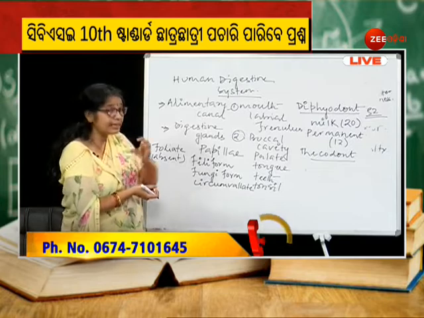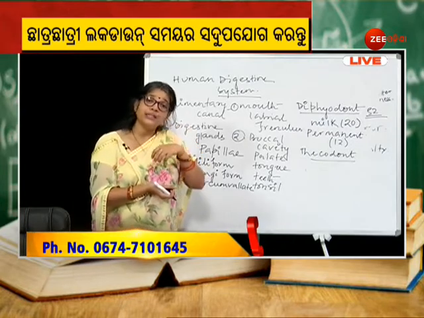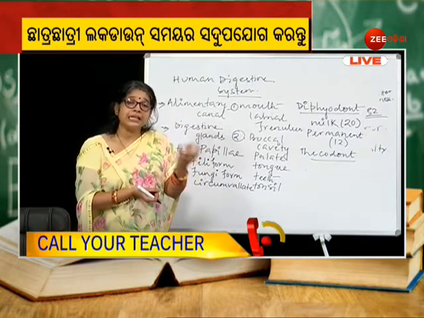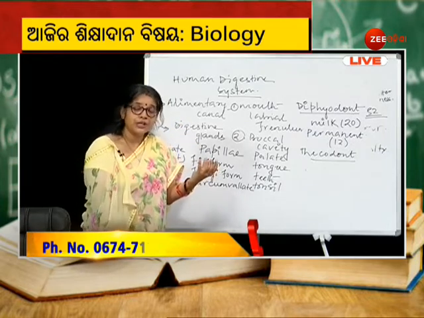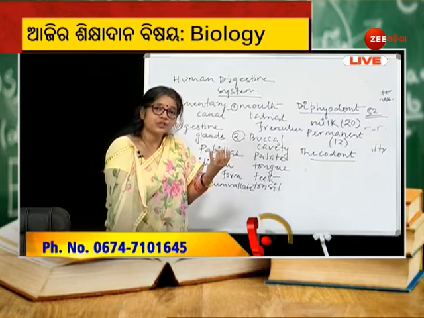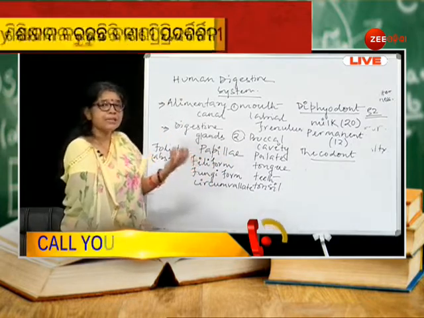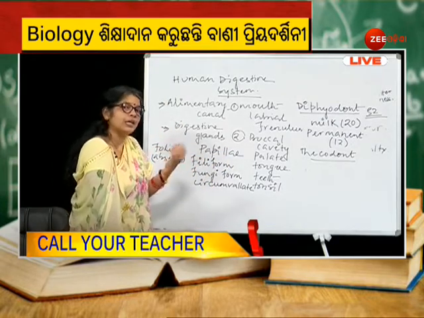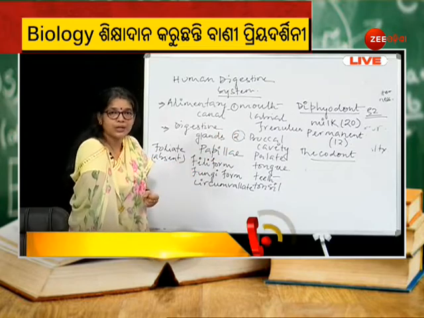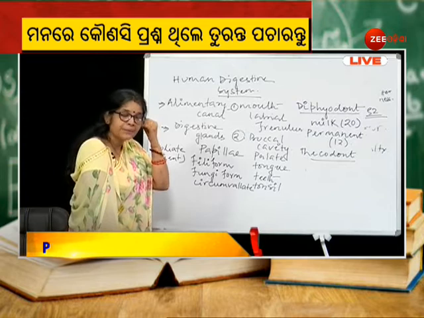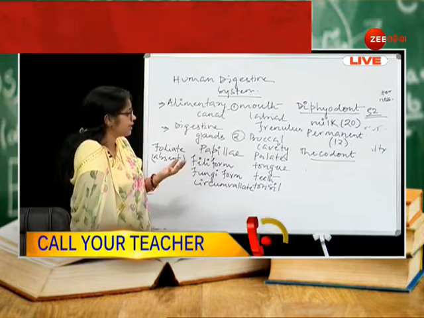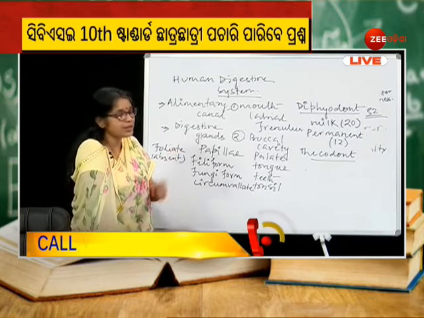It means that the teeth are attached with the jawbone by forming a socket-like structure. That type of attachment is known as the thecodont type of teeth. So in human, according to the attachment, the teeth are thecodont.